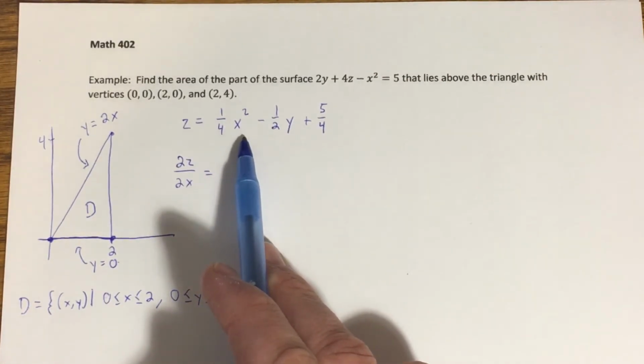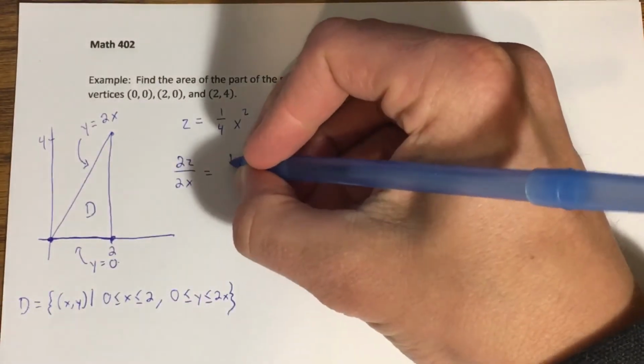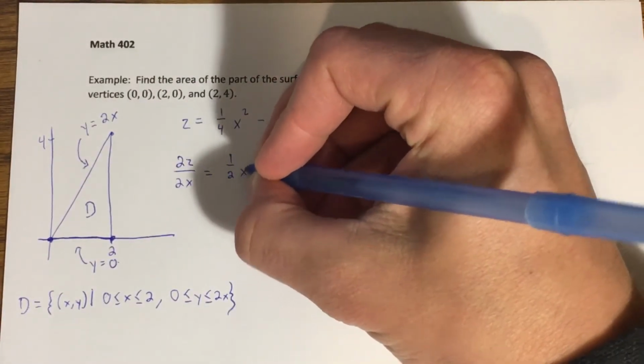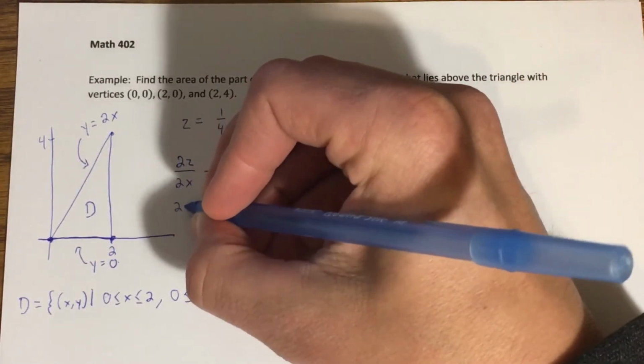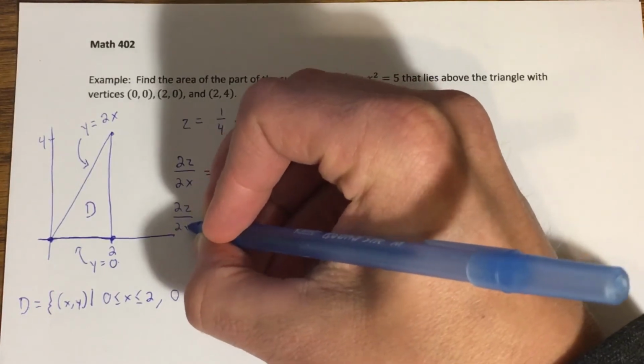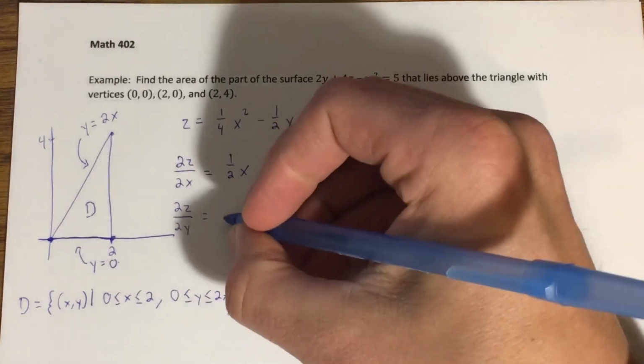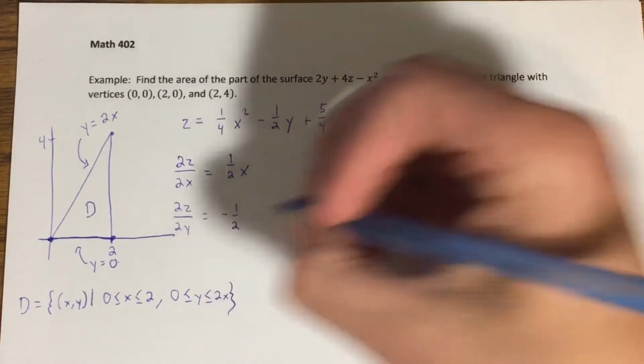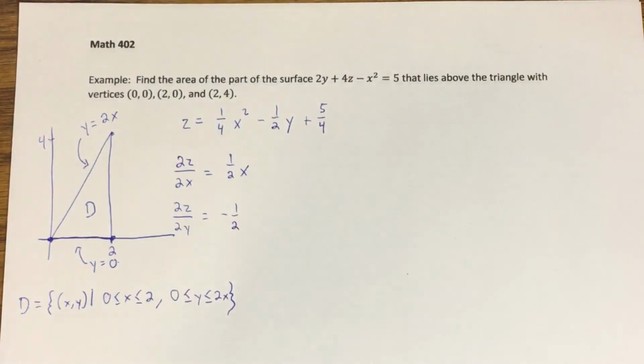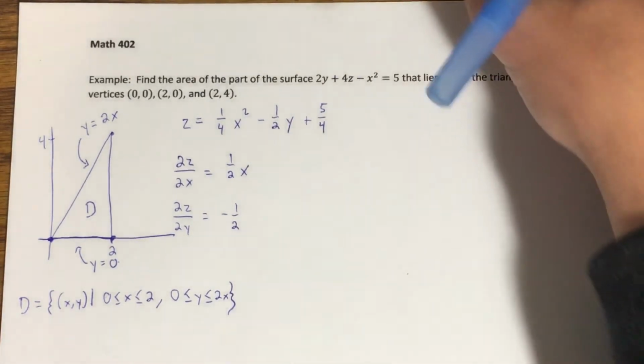It's just going to be 1/2 x. Okay, and then my partial with respect to y, looking at this function, would be negative 1/2.